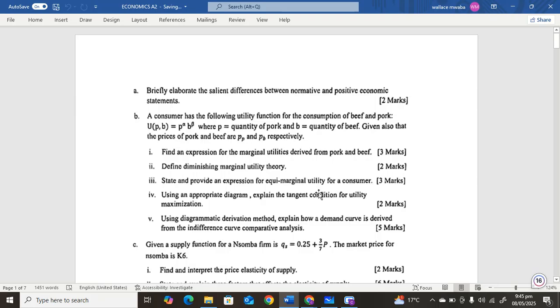These two terms are just talking about the consumer getting the maximum satisfaction with a certain combination of pork and beef. They're both saying the same thing, but they can be derived differently. We'll come to part two after I'm done with everything here, which is the law of diminishing marginal utility.